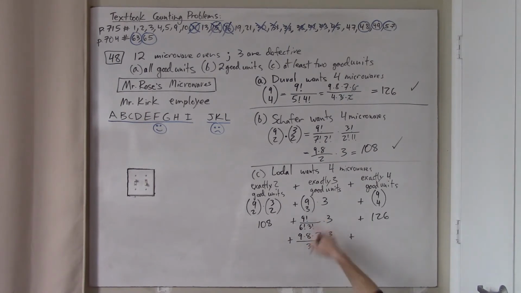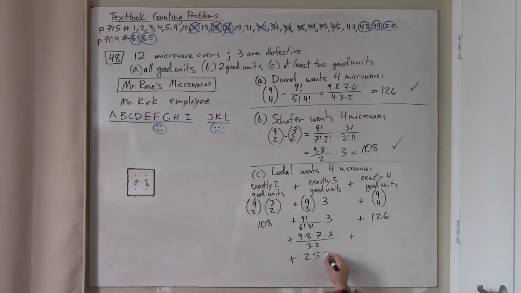I'll leave you to work that out. So what do we get? That's just 9 times 7 times 4. Hopefully I'm doing this right. So that's 63 times 4, so it's 126 times 2, so that's 252, I guess.